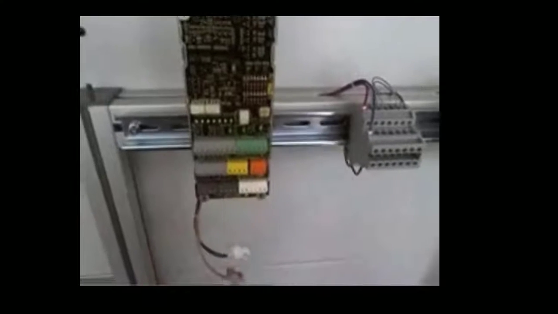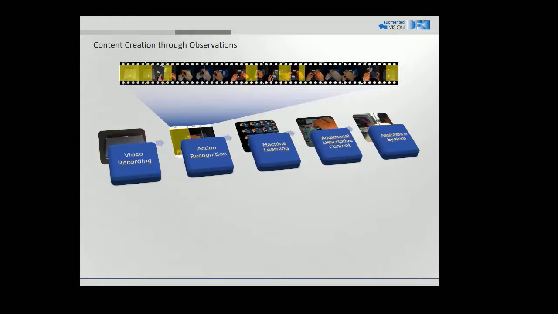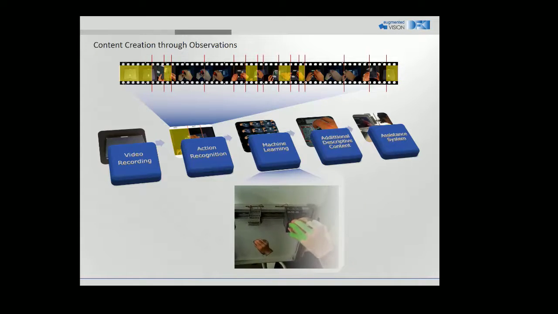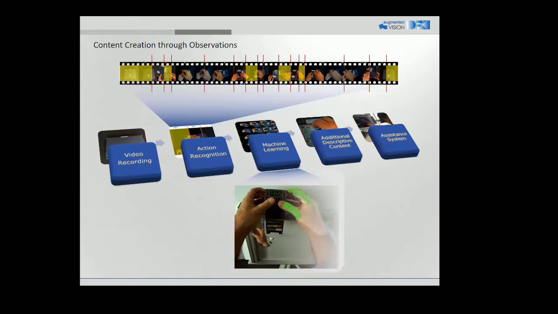In this example, this sequence is recorded, and then by the help of machine learning and some additional descriptors, we are augmenting the scene and detecting the gesture of the hands, and thus helping the experts or the next ones who are working with the system to know what they have to do and in which order they have to do things.